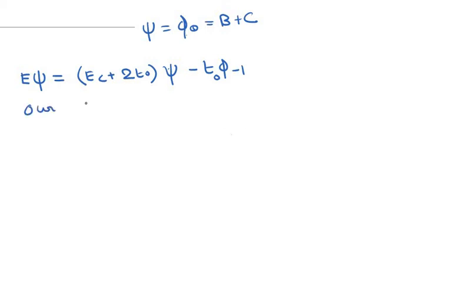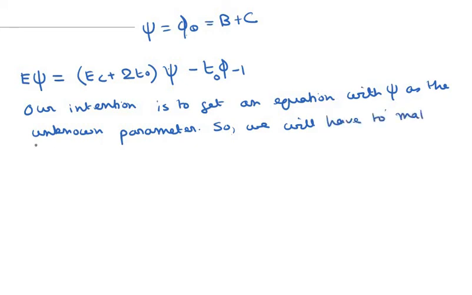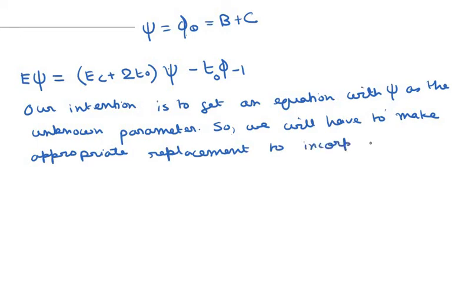Our intention is to get an equation with psi as the unknown parameter, so we will have to make appropriate replacements to incorporate the effect of phi minus 1. Okay, so we just write the equation for phi minus 1 here.